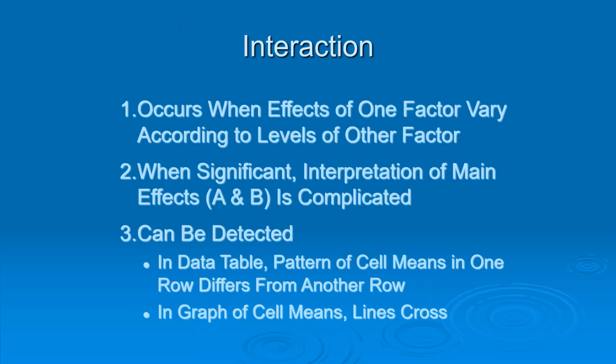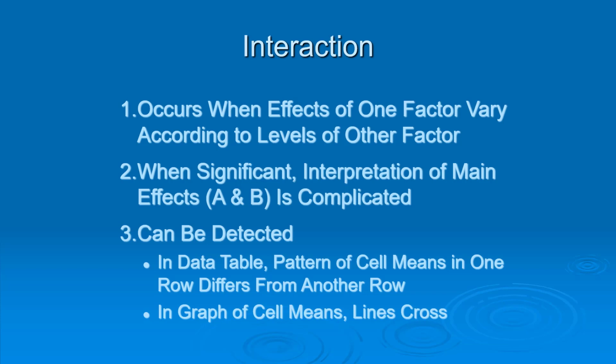Although we talked about interaction in epidemiology previously, it is helpful to quickly review the concept. Interaction occurs when the effects of one factor vary according to the levels of the other factor. When your interaction is found to be statistically significant, you will need to report it, and the interaction can be complicated.